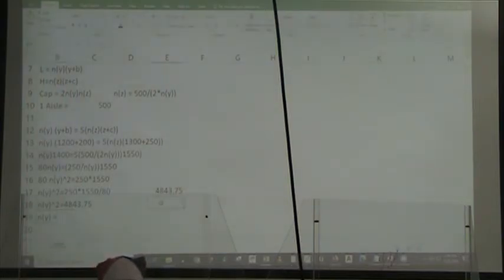ny then becomes equal to the square root of 4843.75. That's 69.5971, or probably we should go ahead and call it 70.